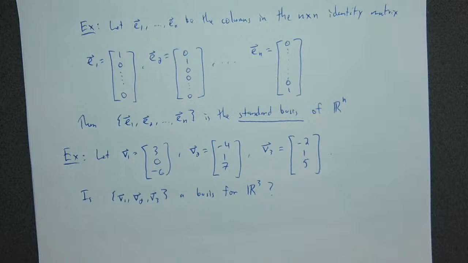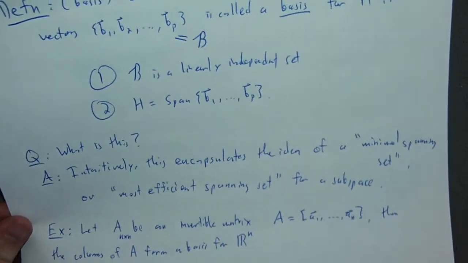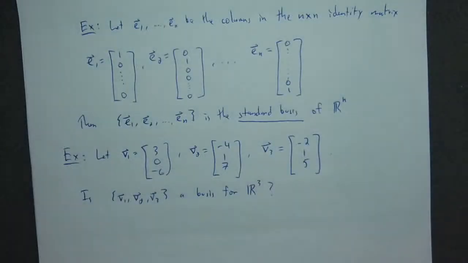There's a lot of things I could say here. There's a lot of equivalent methods I could use for answering this question. So what maybe is the easiest way? There's a reason why my first example of a basis involved considering the columns of an invertible matrix. Chapter 3 gave us one means of computing whether or not a matrix was invertible.